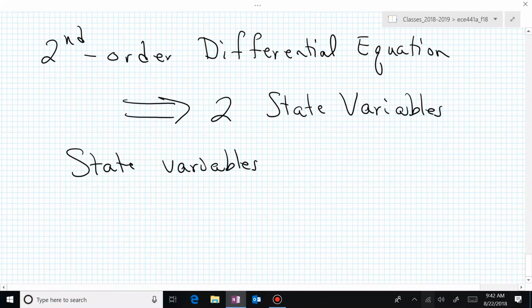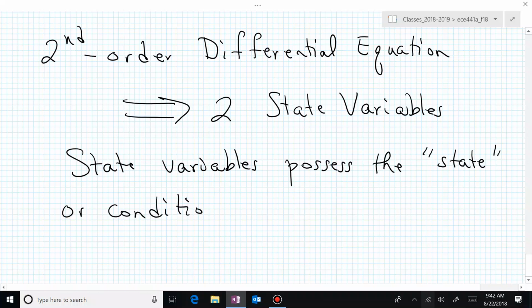The state variables possess the state or condition of this dynamical system, or any dynamical system in general.